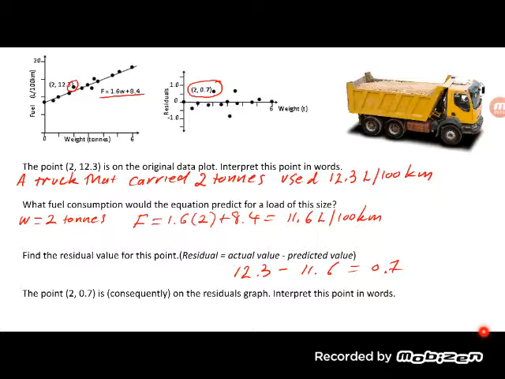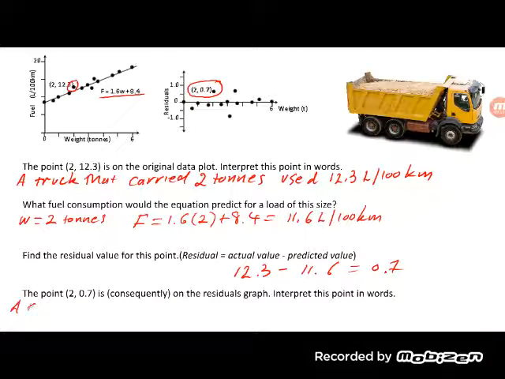So in this case, is the actual value greater than or less than what was predicted? And the actual value is greater. What we find is that in real life, the truck used 0.7 litres of fuel more than what was predicted by the equation.